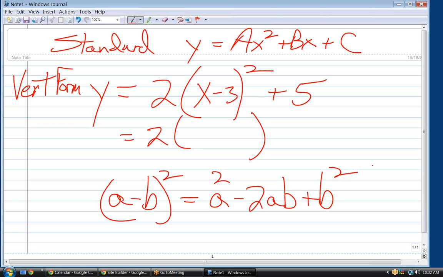If you foil it, that's what you get. But so often do you have to do this that it's worth just memorizing it so you don't have to foil it each time. And the other end of that, a plus b squared, gives you almost exactly the same result, only it's a plus sign in the middle.